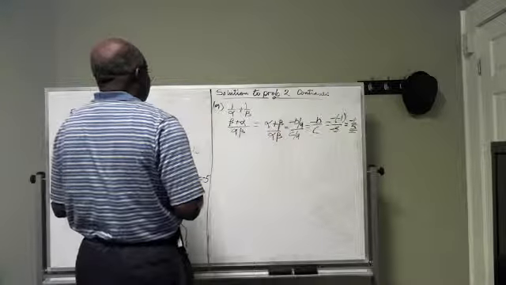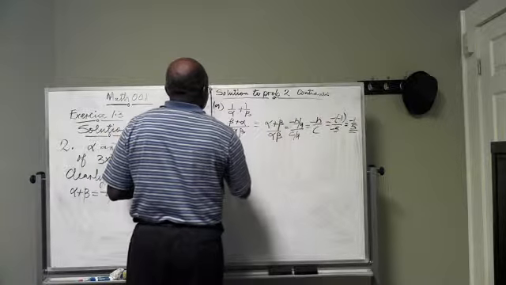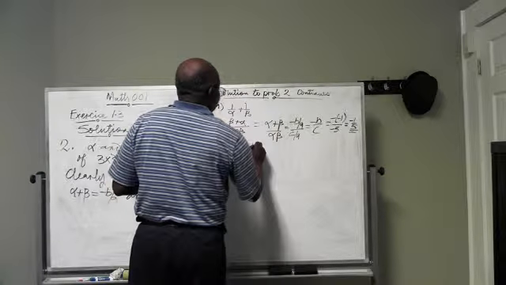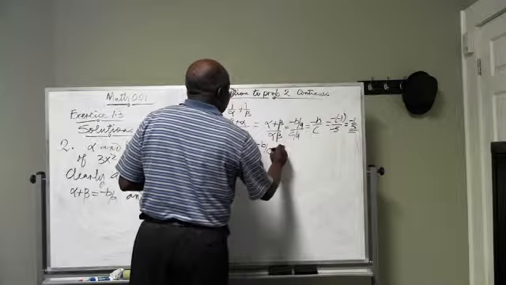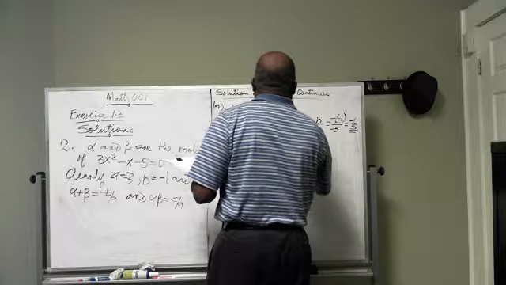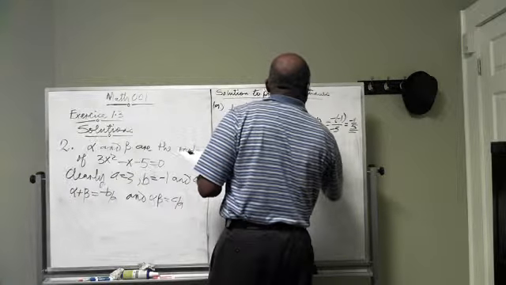Question b reads, alpha plus beta. We know it is equal to minus b over a, which is equal to minus into minus 1 all over 3, which is equal to 1 over 3.